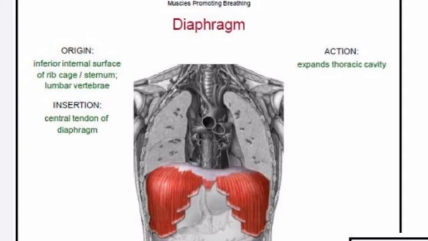The next is the diaphragm, or in Indonesia we say diafragma. The action is to expand the thoracic cavity. And the next is rectus abdominis.